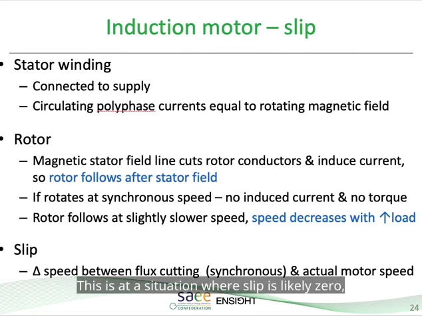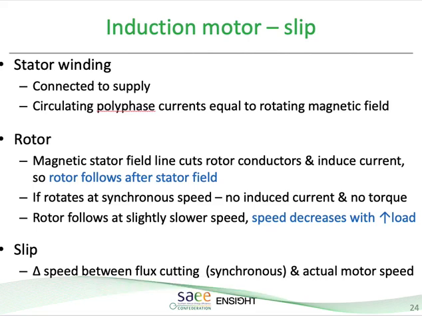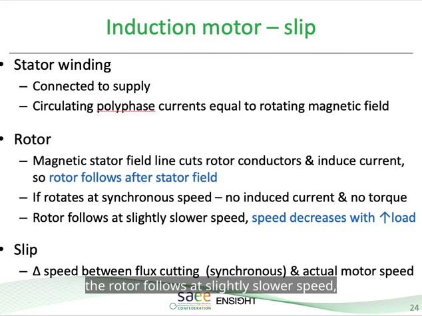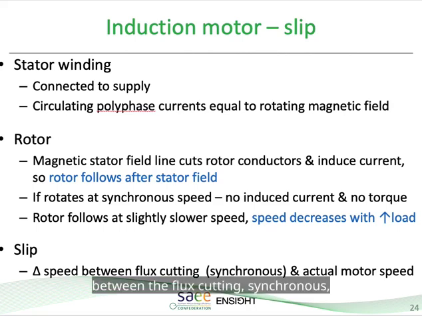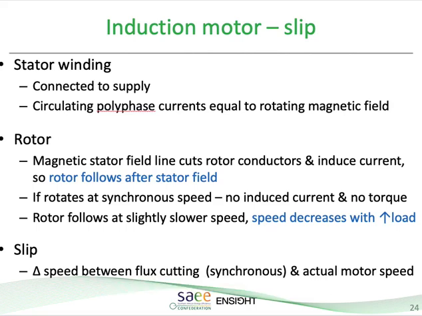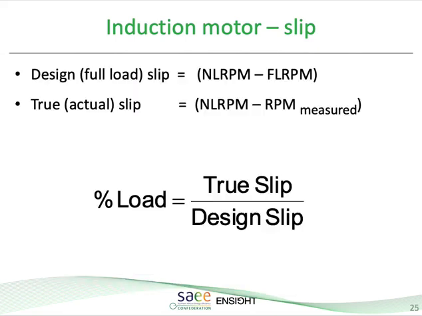This is a situation where slip is 0. The rotor follows at a slightly slower speed, so speed decreases with the load. The slip is the difference in speed between the flux cutting, the synchronous speed, and the actual motor speed.